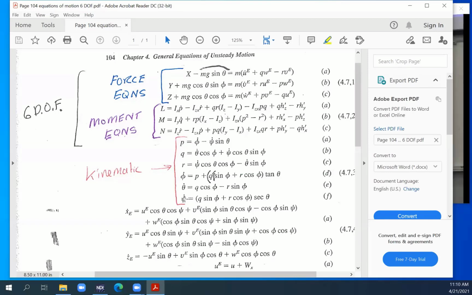All right, so in this equation, u dot gets replaced by u of t plus delta t minus u of t. Same for v dot, w dot, p dot, r dot, q dot, phi dot, theta dot, psi dot. We end up with 9 equations that at every time step get solved for the new values at the next time step.